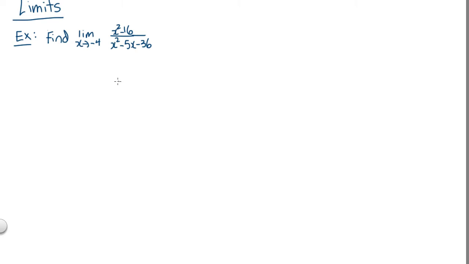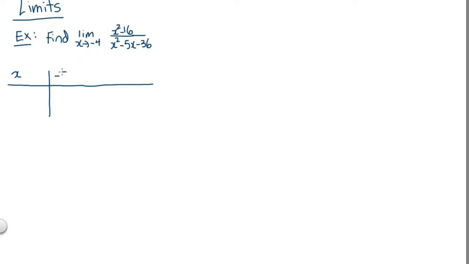Now, before we launch into the calculation, let's make sure that we understand the question. We're going to make a little chart here of x values, and these x values should be near -4, and they should be getting closer to -4.